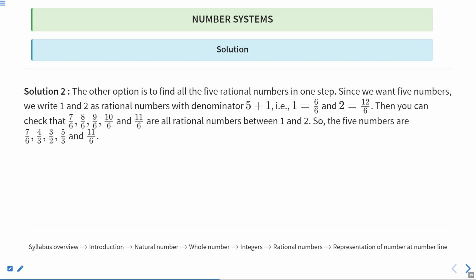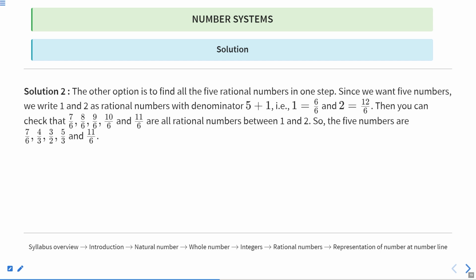That was a many step method, so it is not easy to find the rational numbers between 2 rational numbers in one step. In this solution, we will find the rational numbers in one step.